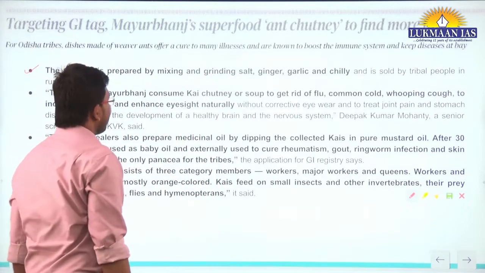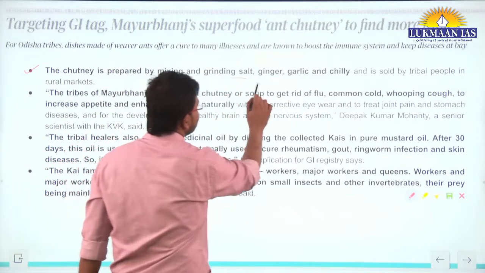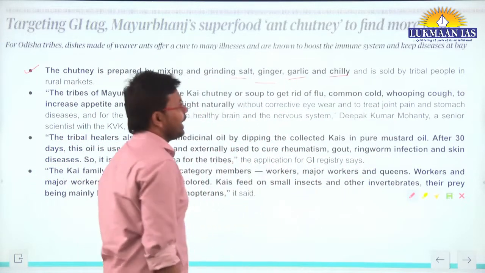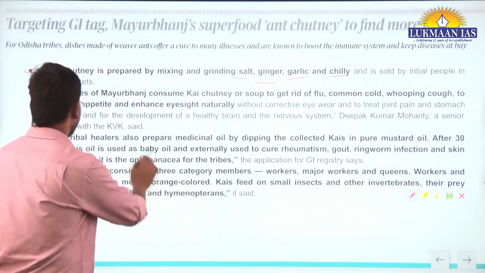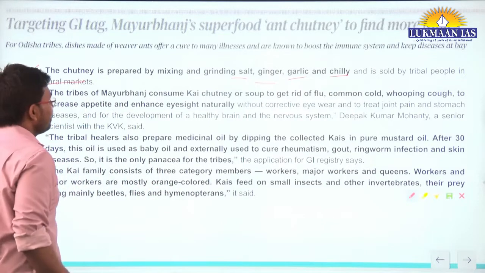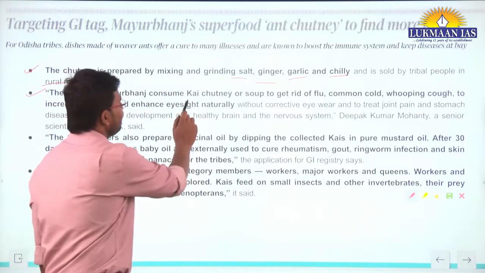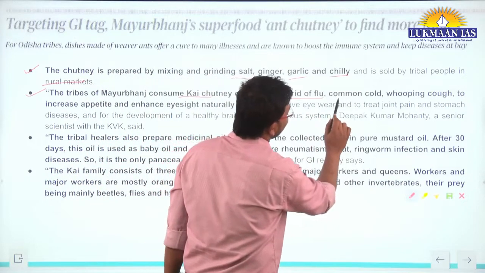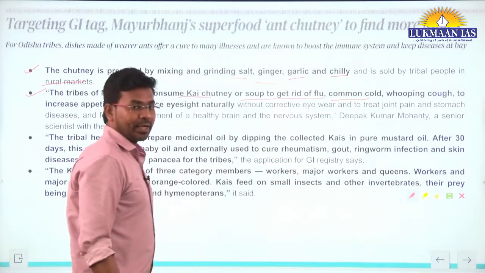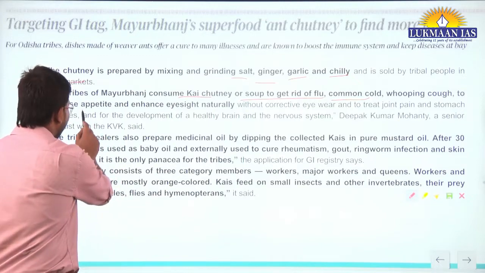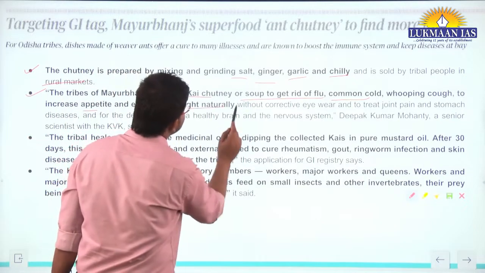The chutney is prepared by mixing and grinding salt, ginger, garlic and chili, and it is sold by tribal people in rural markets. The tribes of Mayurbhanj consume kai chutney or soup to get rid of flu, common cold, whooping cough, to increase appetite and enhance eyesight naturally.